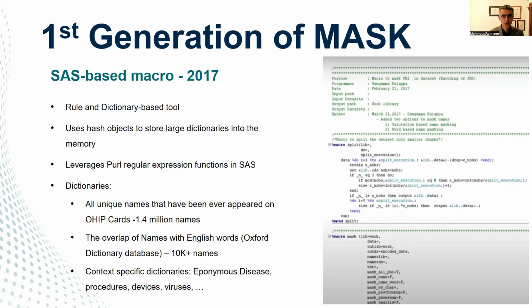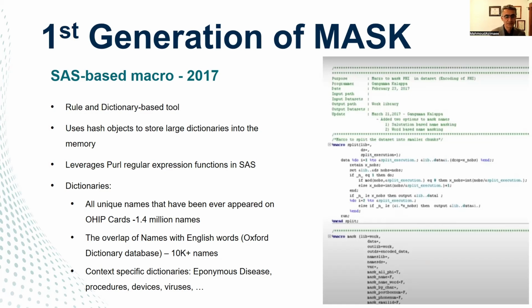That's why we wanted a newer generation of these tools. You can see on the right a screenshot of the code, which is basically a SAS script, but thousands of lines of code. The main person behind this was Ganga Kalapa from ICS, who developed these tools and is also leading this project from the ICS perspective.